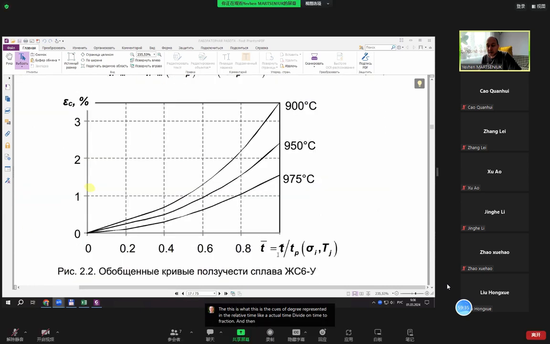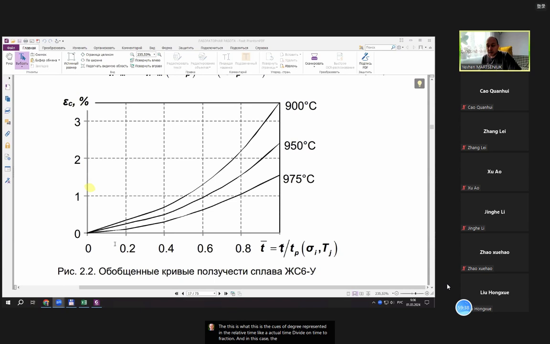And in this case, the horizontal axis will be changed from 0 to 1, because 1 is the situation when the actual time equals the time to fracture. And in this case, all of the curves for the given material and for the given temperature can be combined in a single curve. For example, you can see here an example for some material.